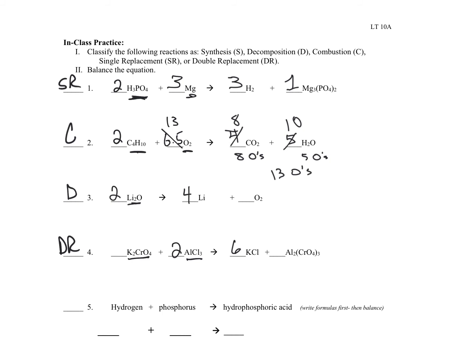And I'm going to need 2 AlCl3s. Well, now that I've changed that to a 6, I'm going to have to go back to my Ks, give me 3 there, 2 Als, 2 Als, 3 CrO4, 3 CrO4, and we are good to go.